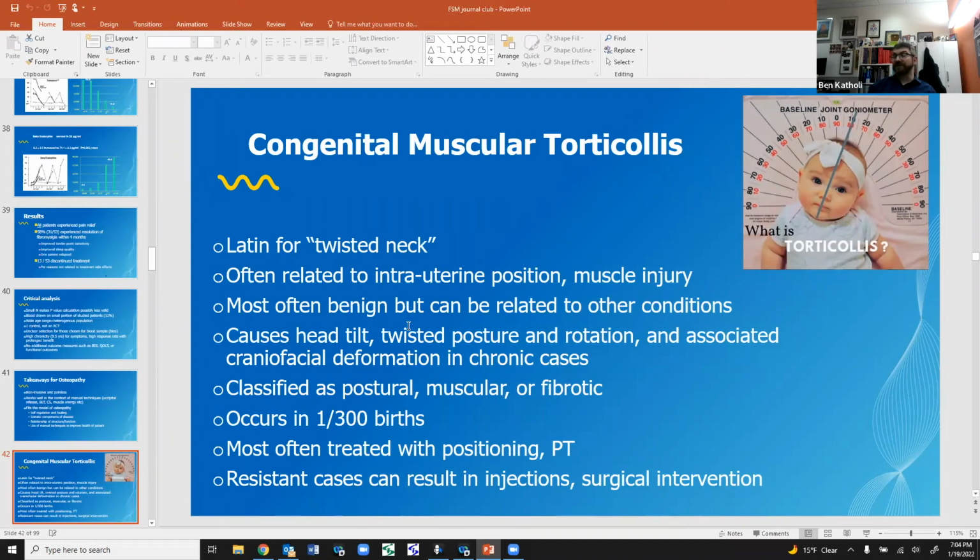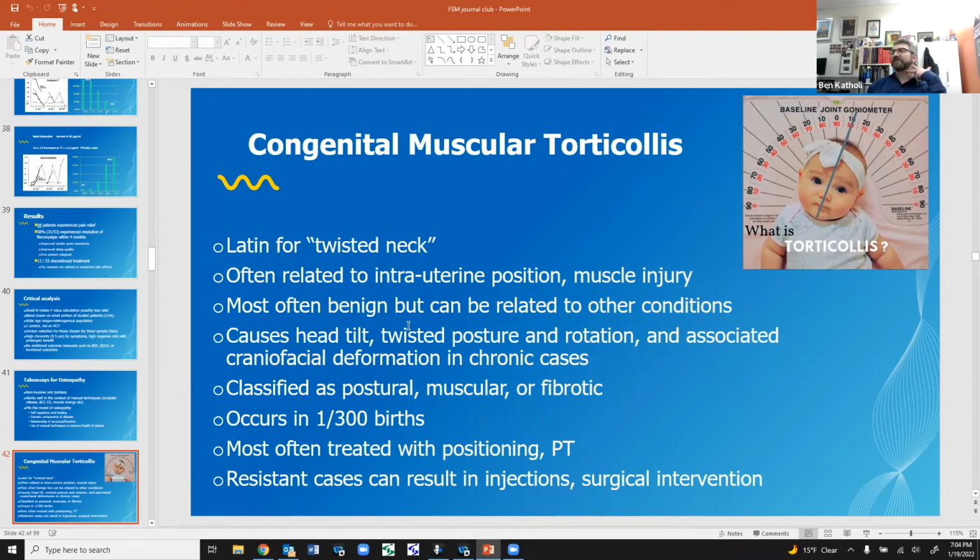Torticollis itself is really common. It's like 1 in 300 births. Most of the time they see therapies and they don't need a physiatrist. But there are cases where people have injury to the SCM muscle, which is a double-headed muscle.